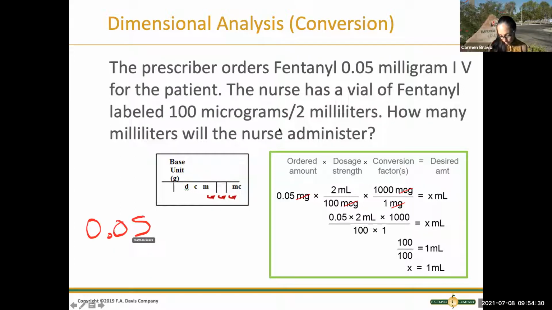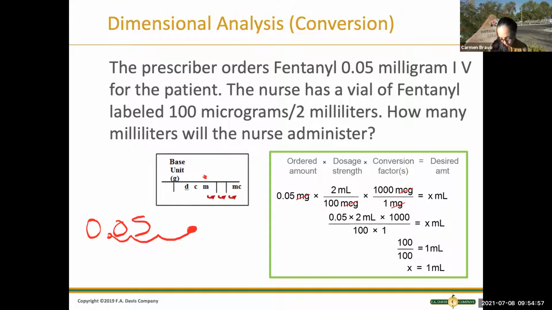So if you're here at 0.05, and we want to convert this into mcgs so that we can make our problem easier, we would have to go 1, 2, 3. We will do 3 jumps to the right, and then my decimal point will be there.